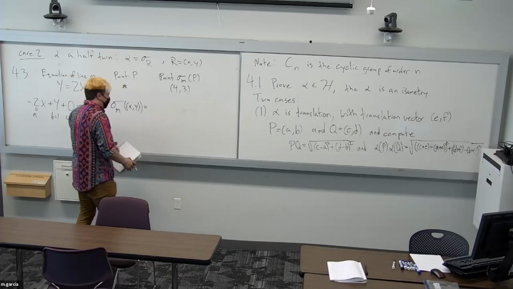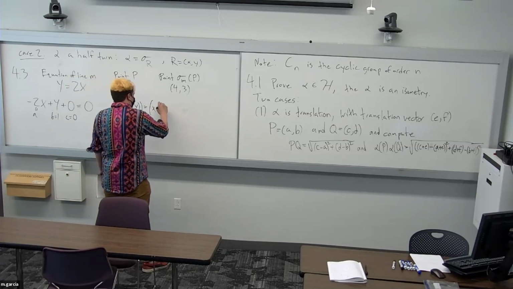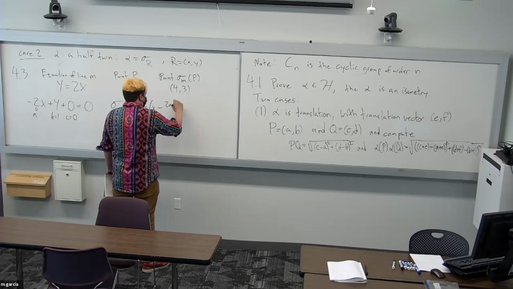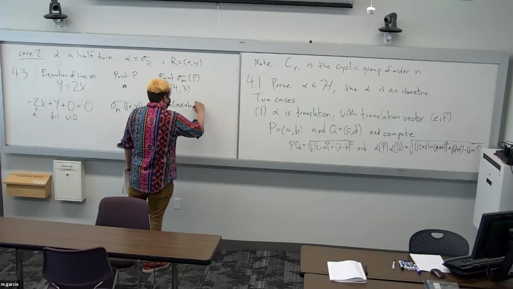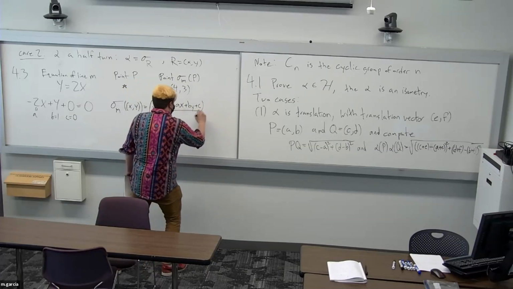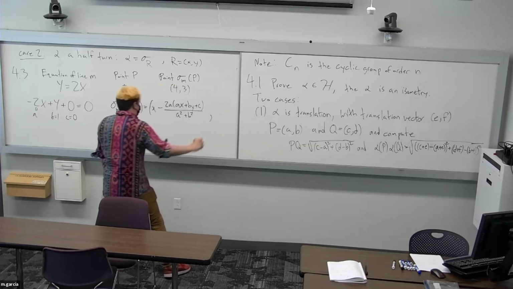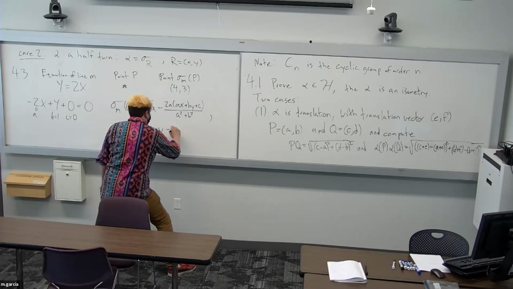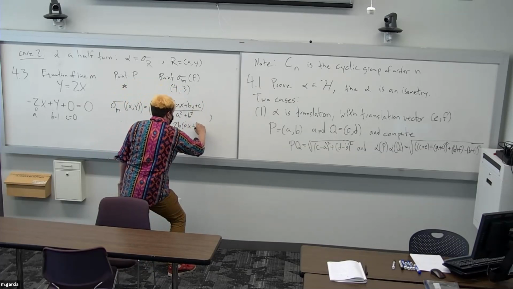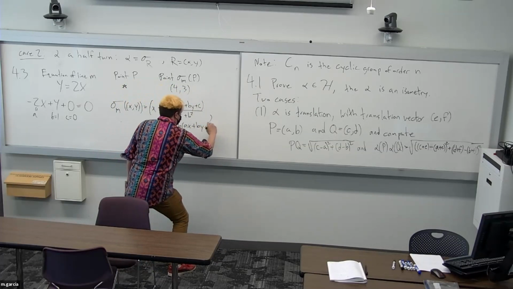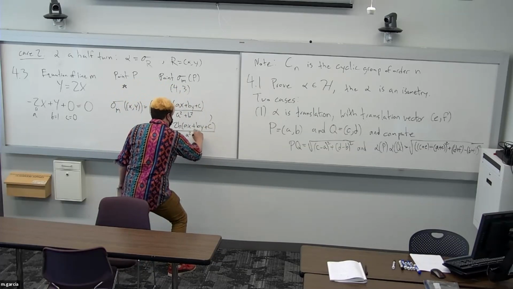Well, it's this terrible looking thing: x minus 2a times ax plus by plus c all over a squared plus b squared, comma, y minus 2b times ax plus by plus c all over a squared plus b squared.